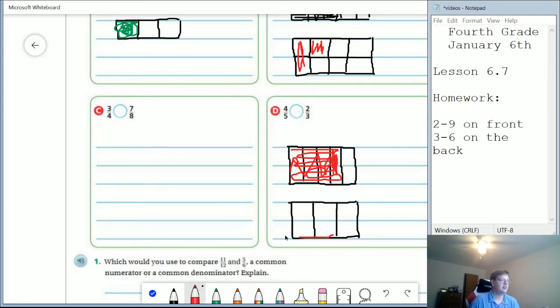So it's not exactly perfect, but we can see when we go ahead and get both of these drawn out, this one is going to come out a little bit farther to the right. So there is more of the 4/5 shape than there is of the 2/3, which kind of matches again. The larger piece, we have more missing compared to the small amount that we're missing here to get to a whole. So 4/5 would be greater than.